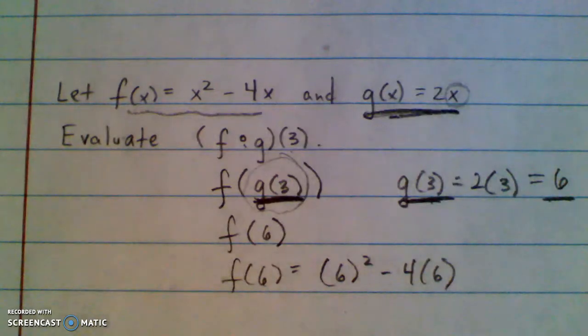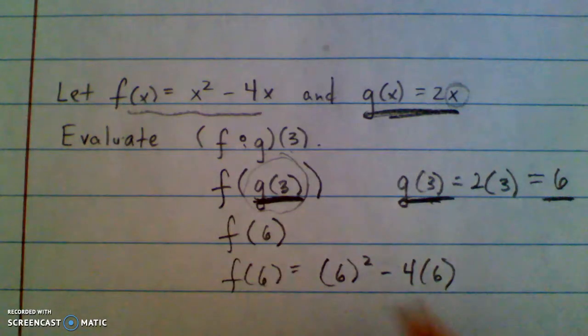Here you go, Pascal. Throwback question. Order of operations. What do we do first? Exponents first, which is? 36. 4 times 6 is? 24.